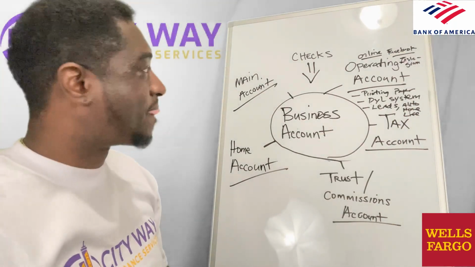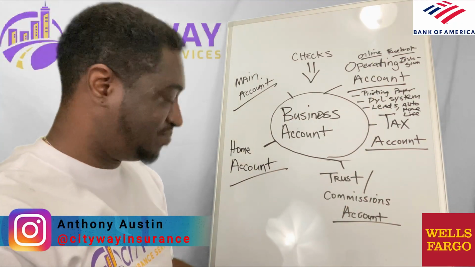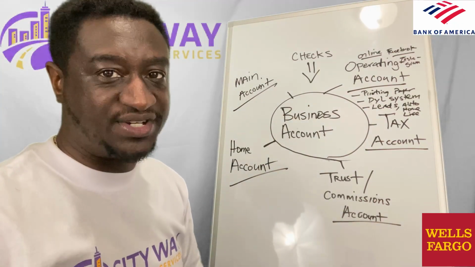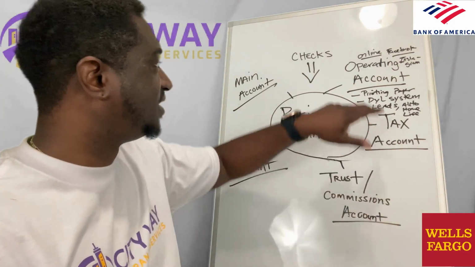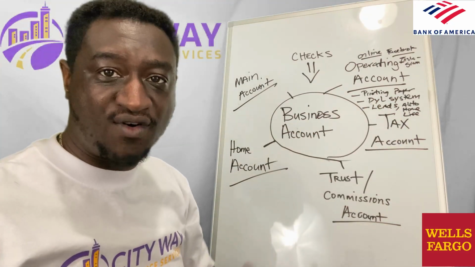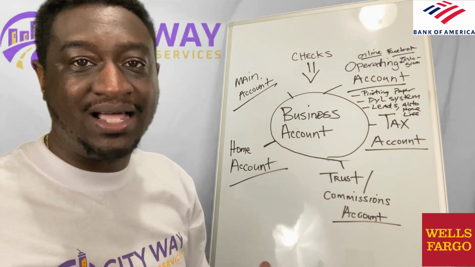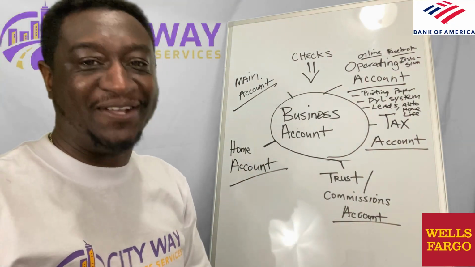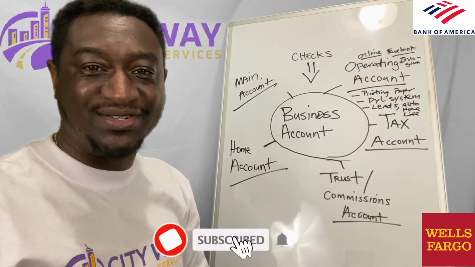The reason why I want an operating account is because I want to know, based on what campaign I use for that particular month or 3 month or 6 month span, where my leads are coming from. And also I have to pay for them every month, so I want it to be coming out automatically. I love the freedom and the benefit of setting up my business account and paying my bills automatically.